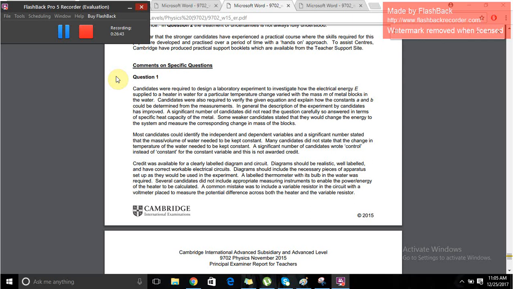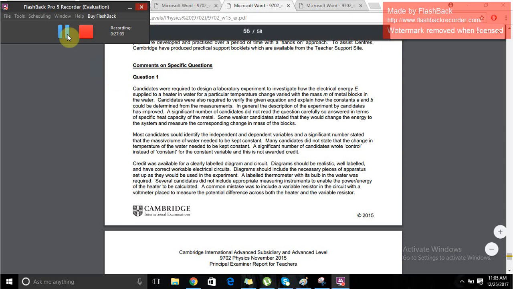Diagrams should include necessary pieces of equipment set up as they would be in an actual experiment, a labeled thermometer with a bulb in the water. Some candidates did not include appropriate measuring instruments to enable the power or energy of the heater to be calculated, and by that I mean a voltmeter and an ammeter.